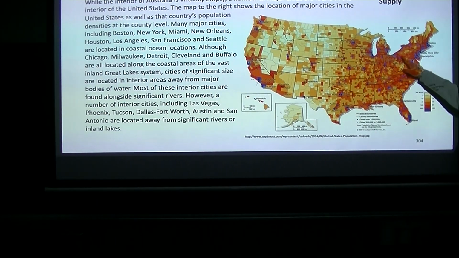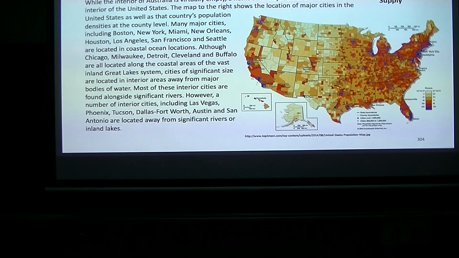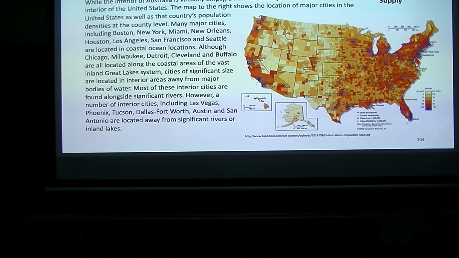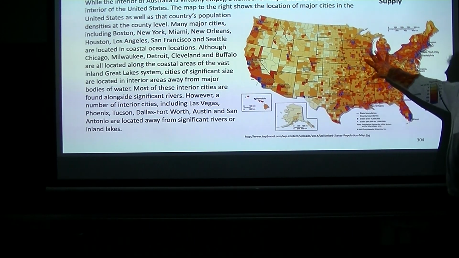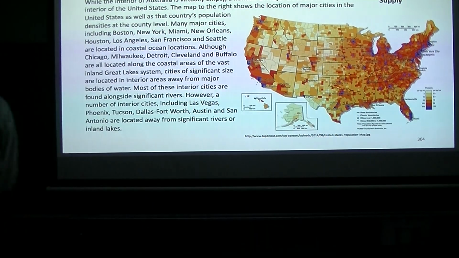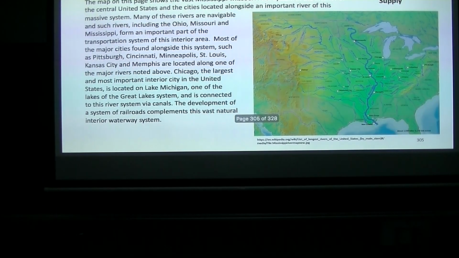Another river system here, the Ohio River, the Missouri River. There are incredible rivers for transportation, to supply water, and ample rainfall. So physically, we can tell the United States is very different.